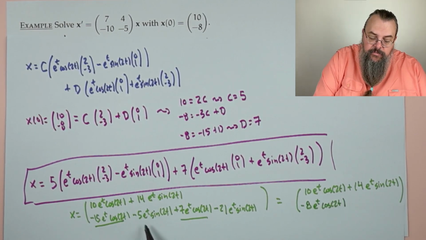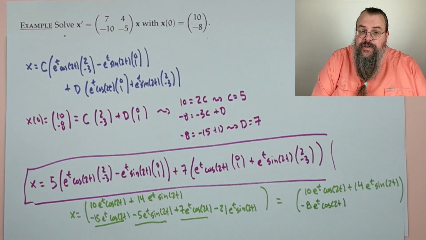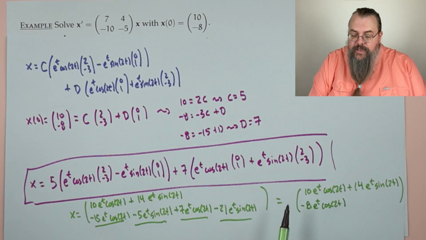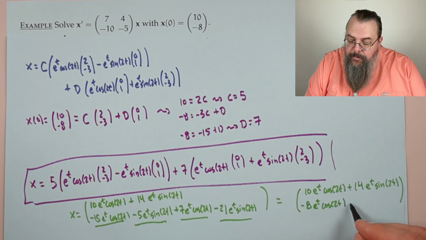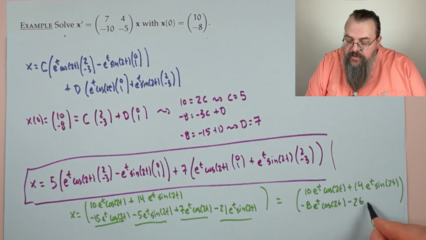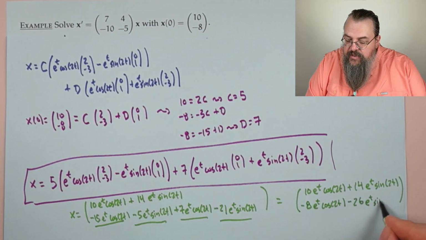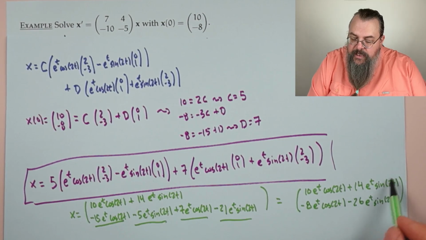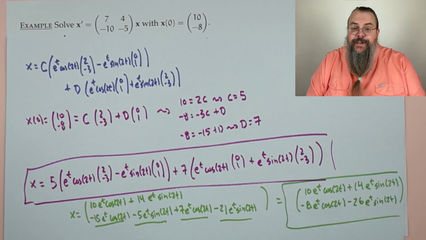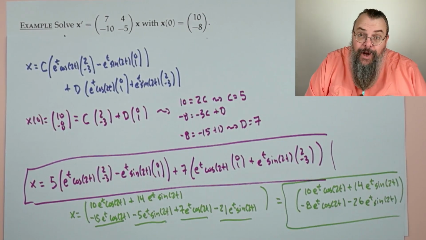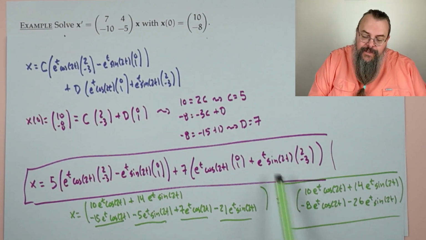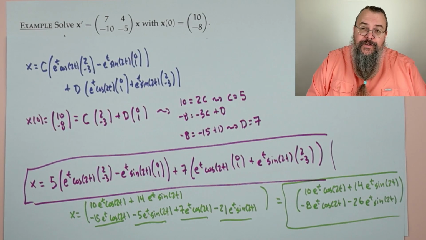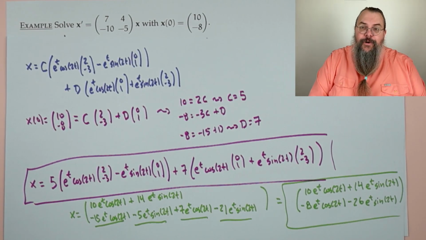And then -5 e to the t sine 2t minus 21 e to the t sine 2t makes it very negative, but it's a -26 e to the t sine 2t. And that's another way to write the answer. Wow! 2 ways? Yes. Which one gets points? They both do. Unless, of course, there's an explicit instruction to do one over the other.